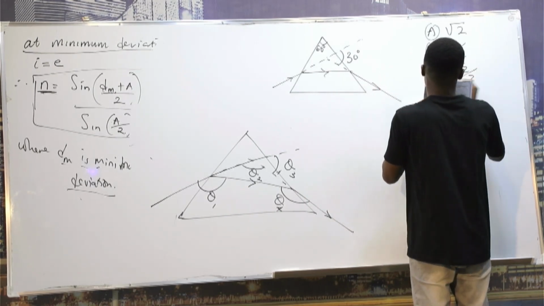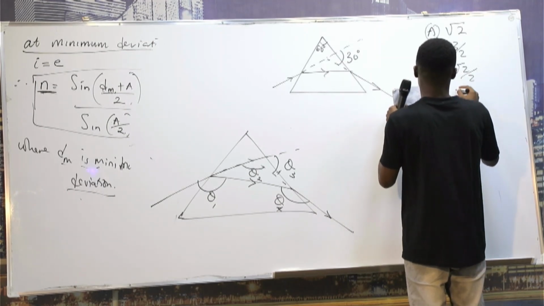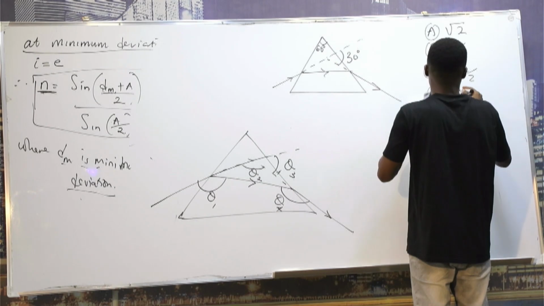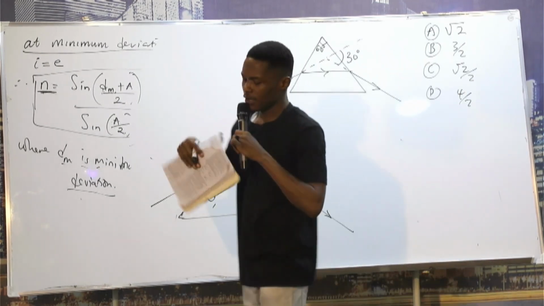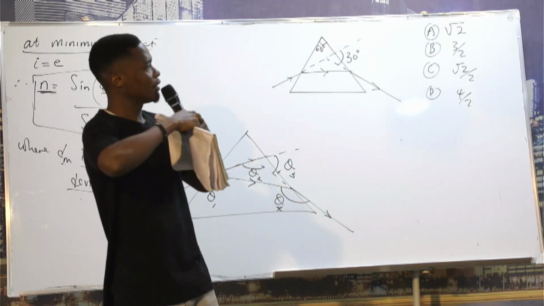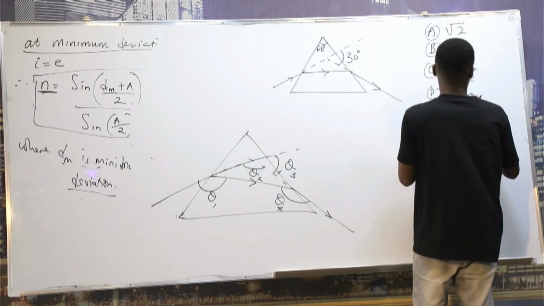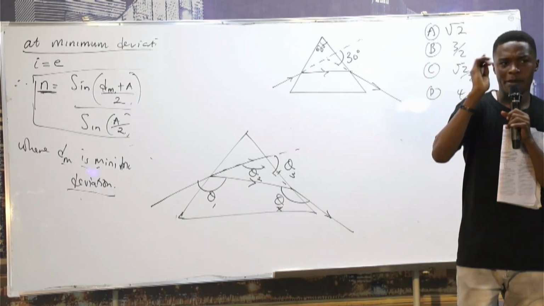This should be root 2 over 2, and this should be 4 over 3. So if I point at you, you tell me your option. Only one will get it.